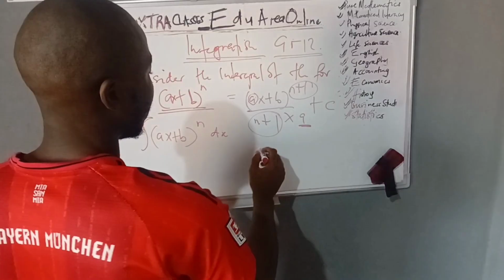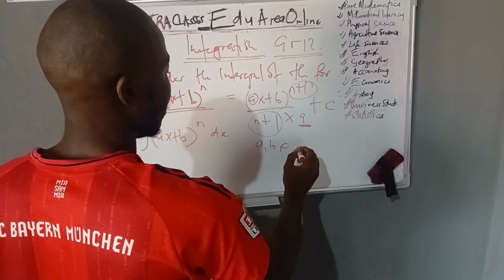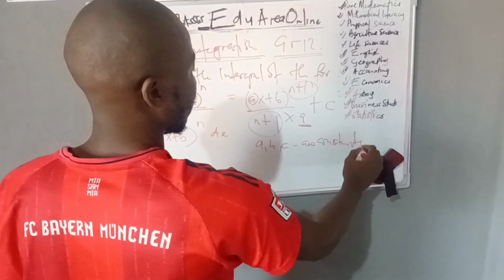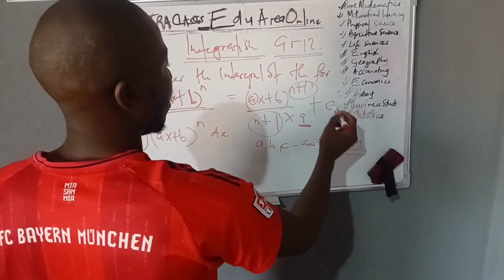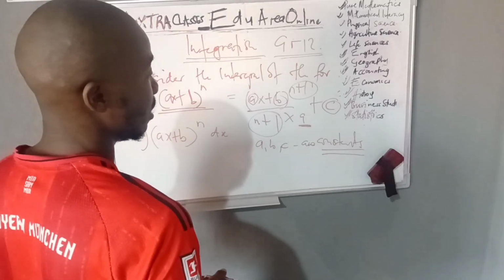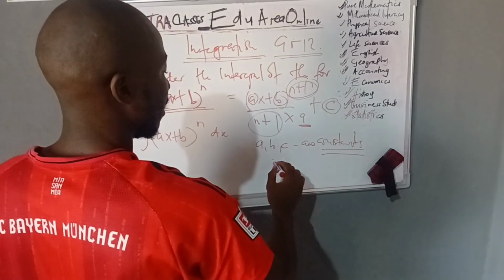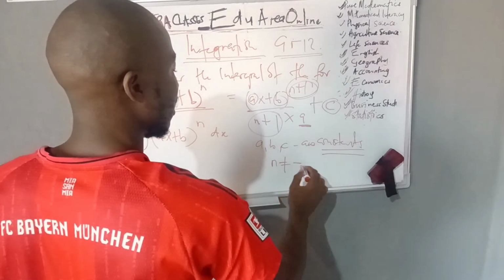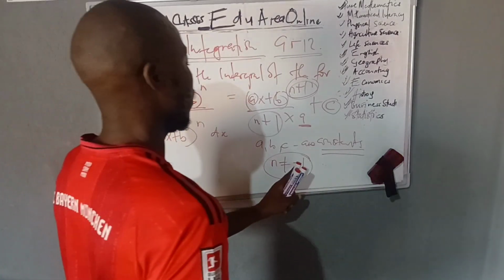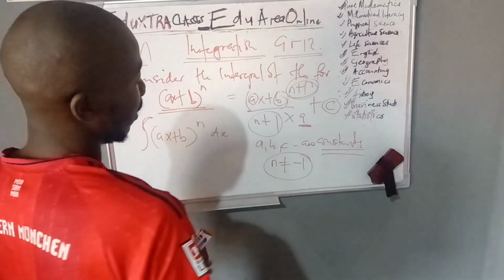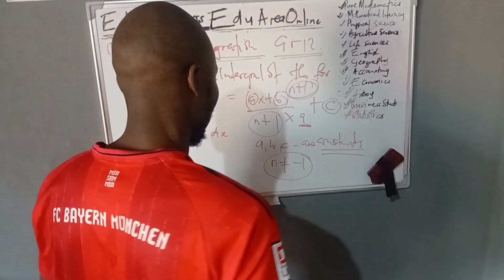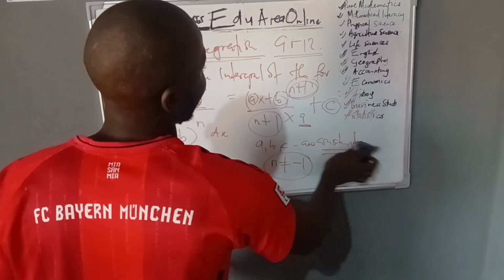As always, a, b, and c are constants. But now n is not equal to minus 1 under these circumstances. So what do we do next?